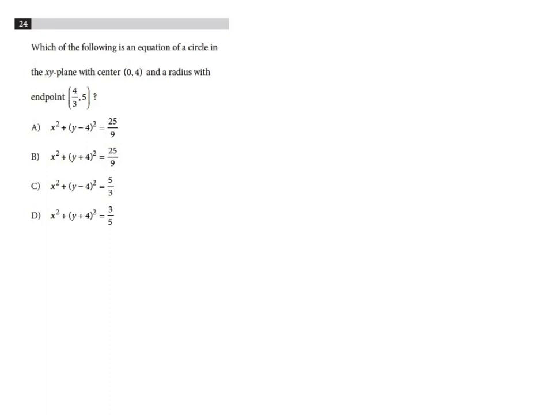Well, if we want to know what the center is, we need to think about the equation of a circle. The equation of a circle is going to be (x minus h) squared plus (y minus k) squared equals radius squared.